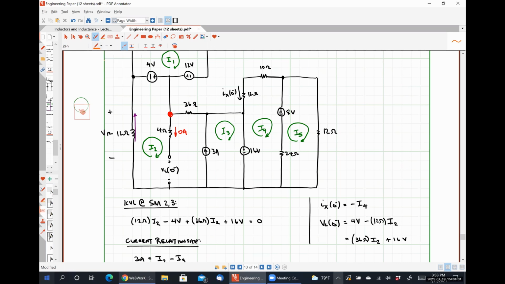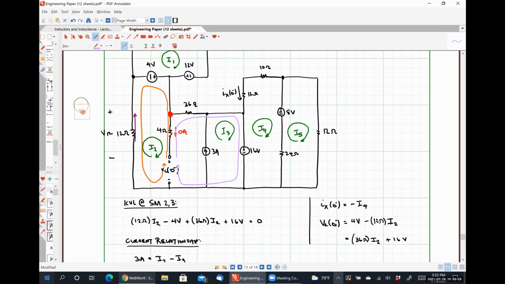So for that 4 volt minus 12 ohms times I2, I'm just writing a Kirchhoff's voltage law loop around this guy that I'm doing in orange. And for the second representation, I'm just going around this loop that I've drawn in light purple.